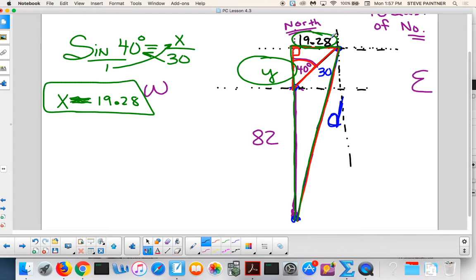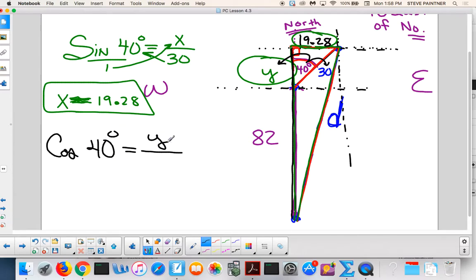That helps because in this big rectangle, I've got this side to be 19.28. I just need to know this length. From here to here is 82. What's this piece? That's Y. Let's go find Y. If you want Y, that's called the adjacent. Adjacent, hypotenuse would be cosine of 40 equals adjacent Y over hypotenuse 30.